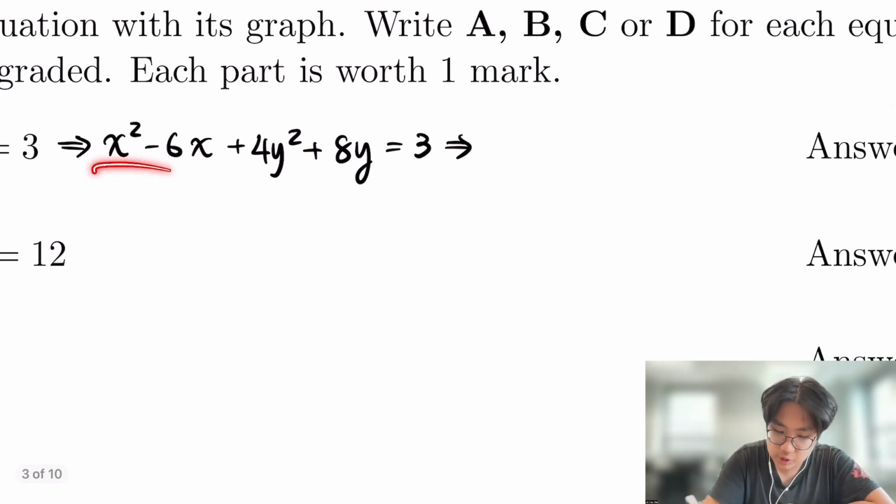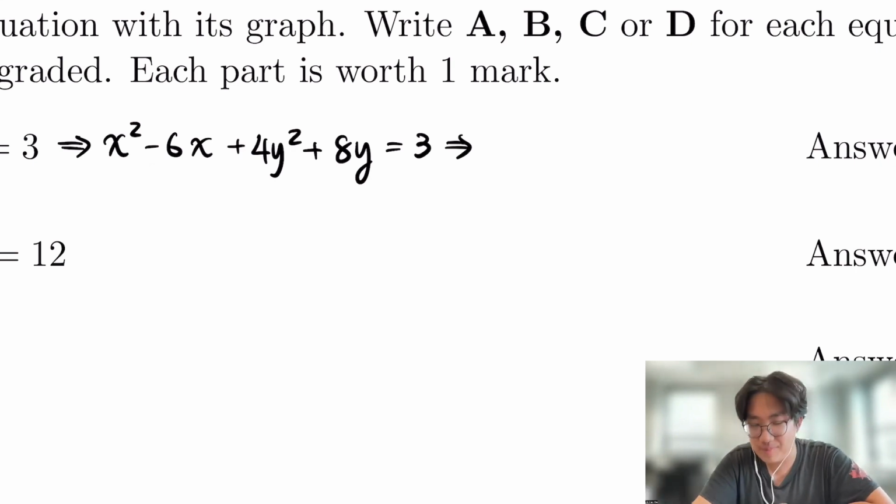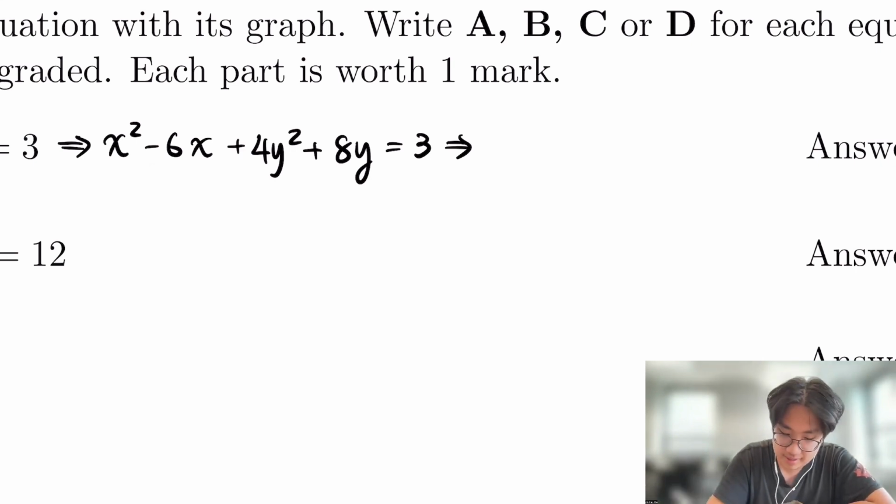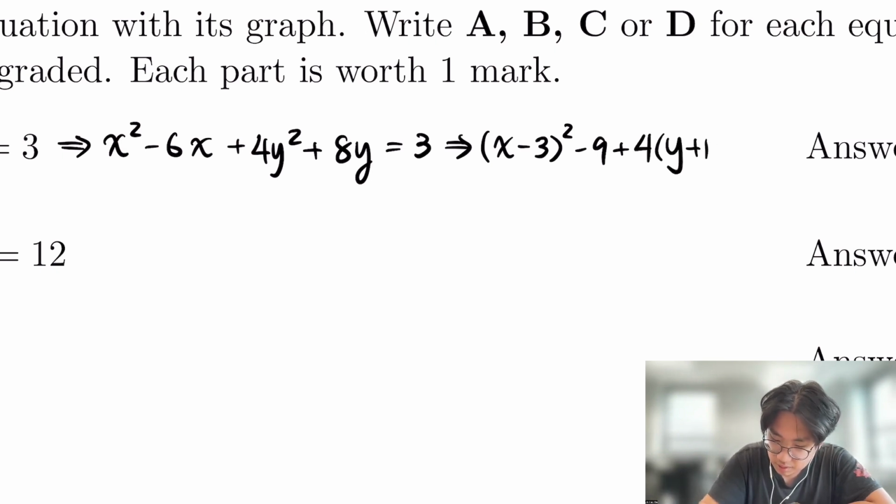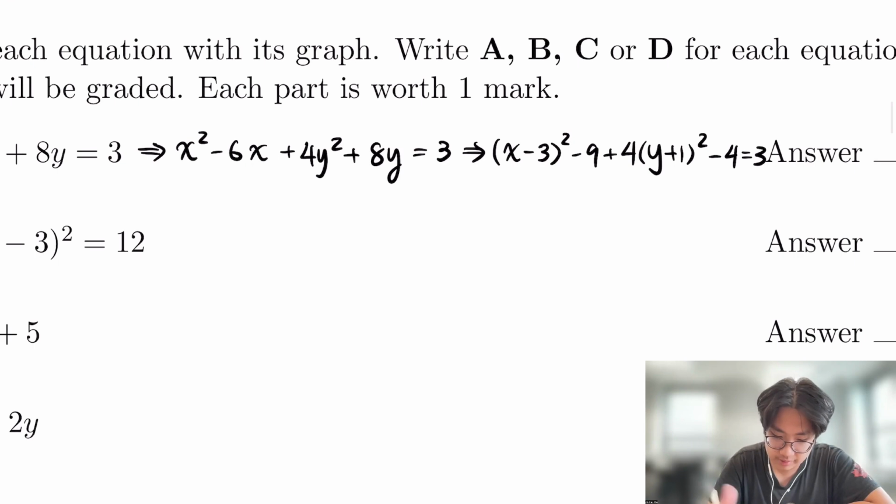From here, we're going to complete the square twice. So this is again where grade 10, grade 11 math comes in handy. So we have x minus 3 squared minus 9 plus 4 times y plus 1 squared minus 4. This is equal to 3. I'm realizing I'm writing a little too big here.